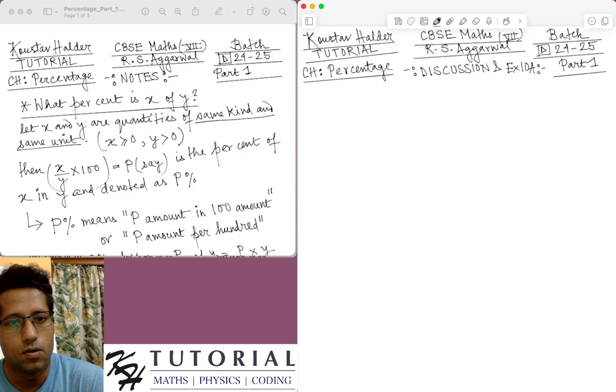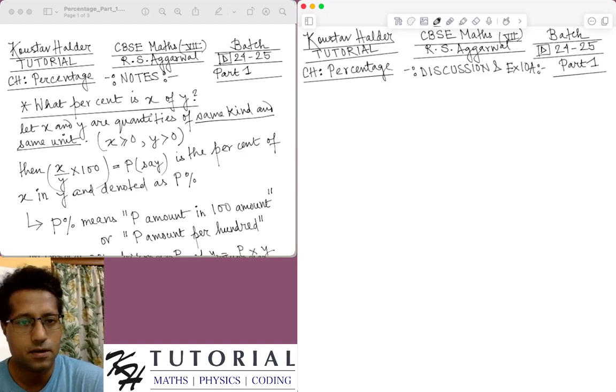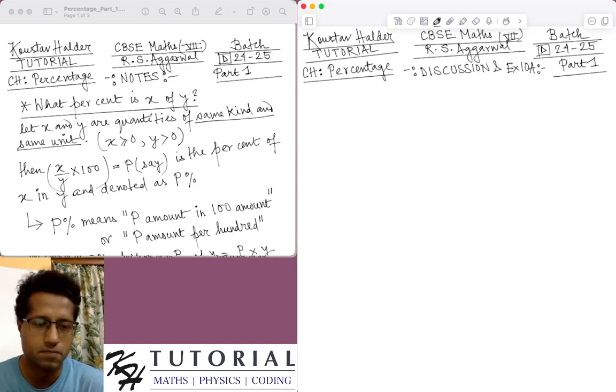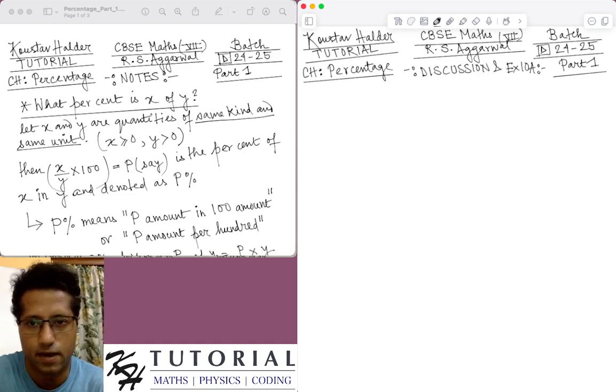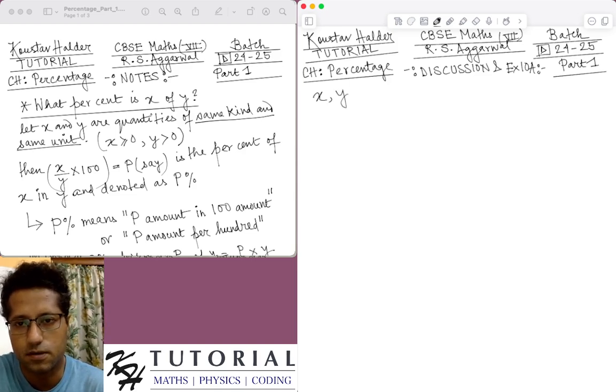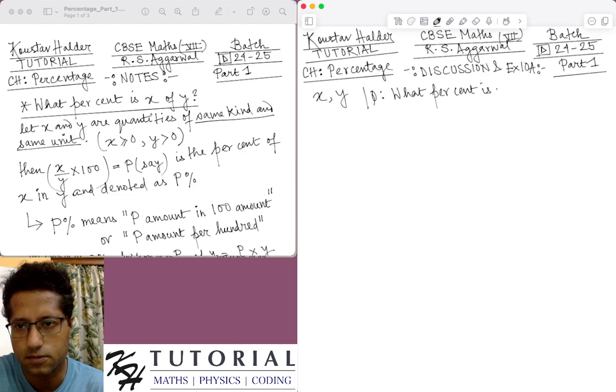Now, by the statement what percent is x of y, we mean the value x by y multiplied by 100. So we have two quantities x and y, and the question asked is what percent is x of y.